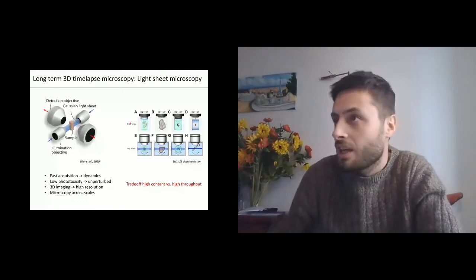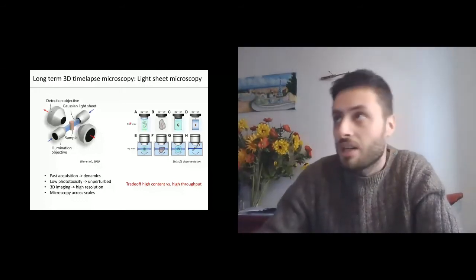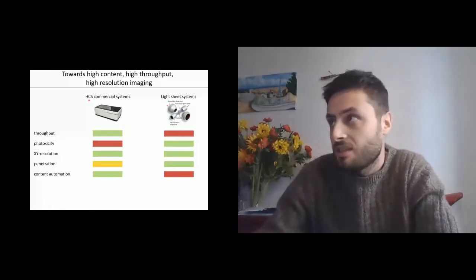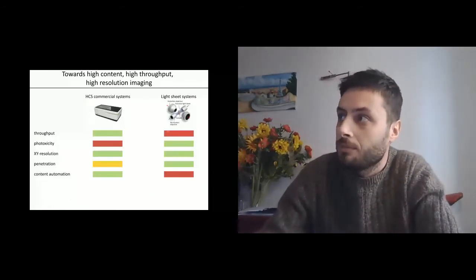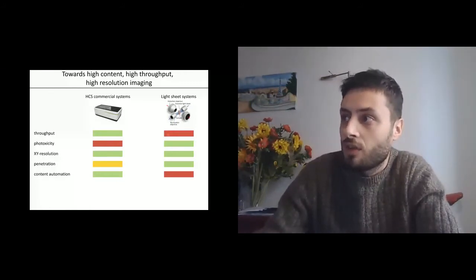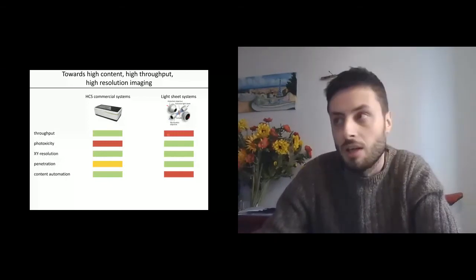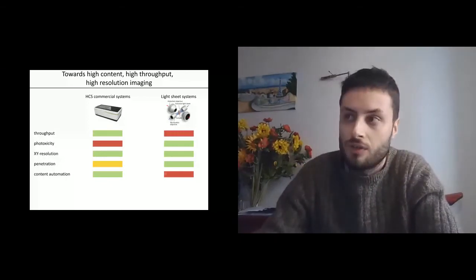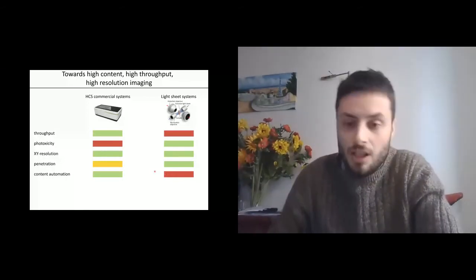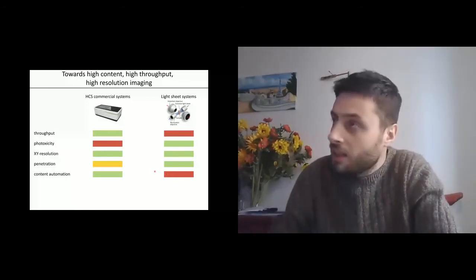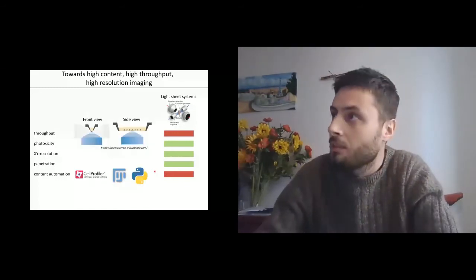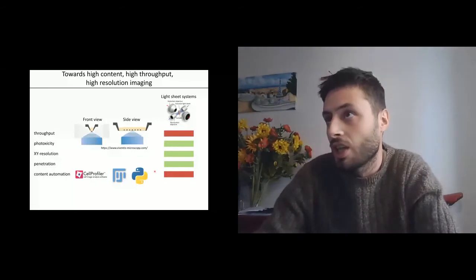So I would say that in comparison with more established HCS commercial systems, light sheet is a little bit lagging behind in terms of throughput and also in terms of automation, both of the image acquisition and of the image content analysis. However, I would like to say that recently there have been some attempts at mitigating these two challenges.